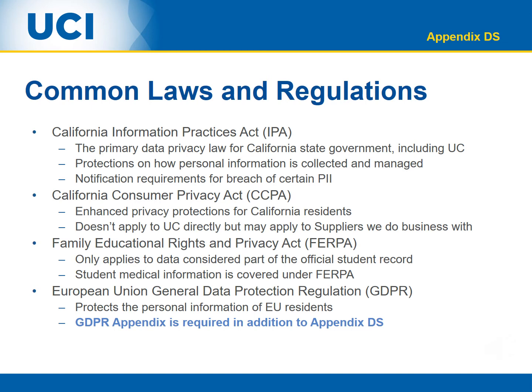So it has a lot of requirements for how personal information is collected and managed. And it was recently updated in 2003 to include requirements for notification if certain data elements are breached. So this really is the bread and butter of pretty much any data that we collect and share. So this box will almost always be checked on anything that we share with a third party.